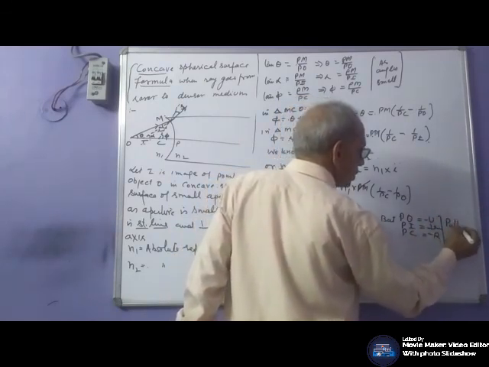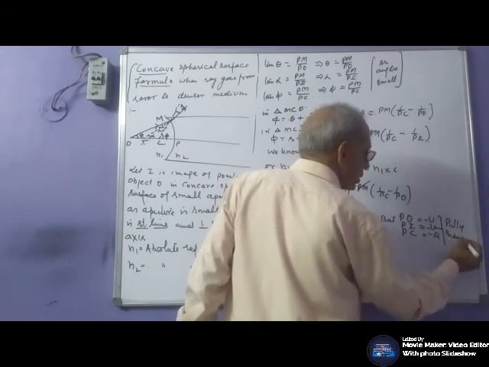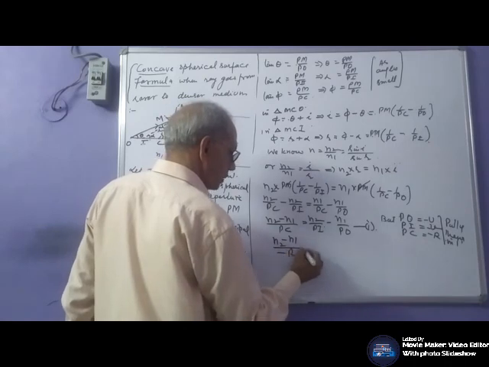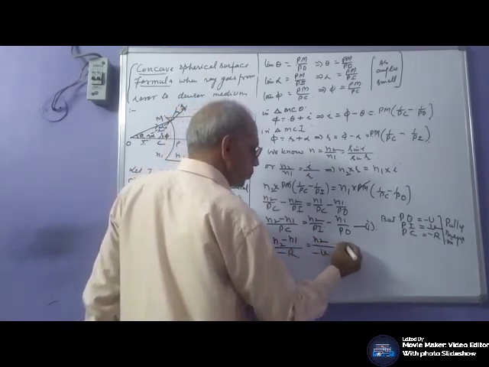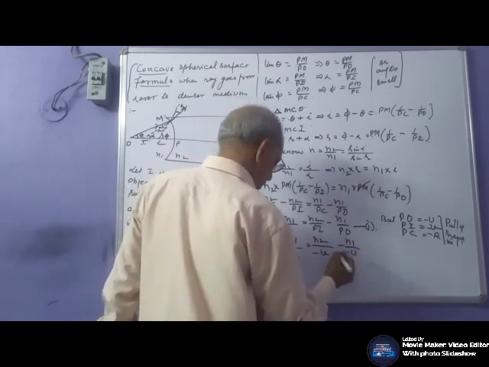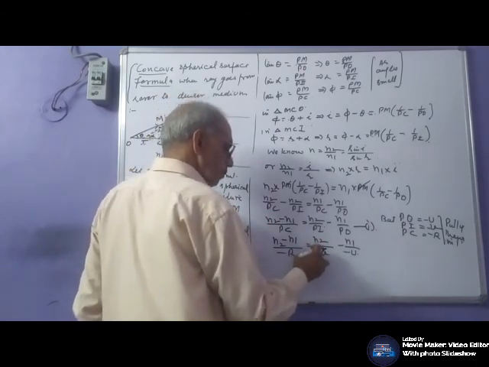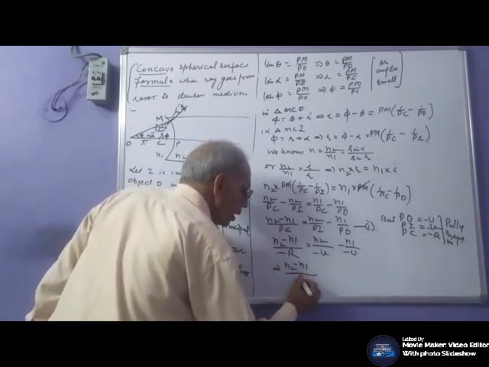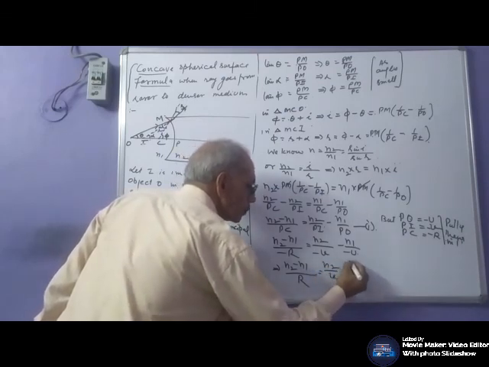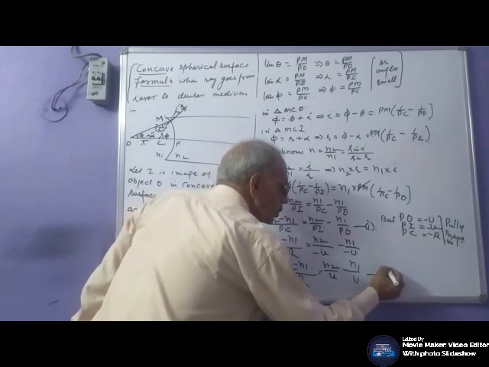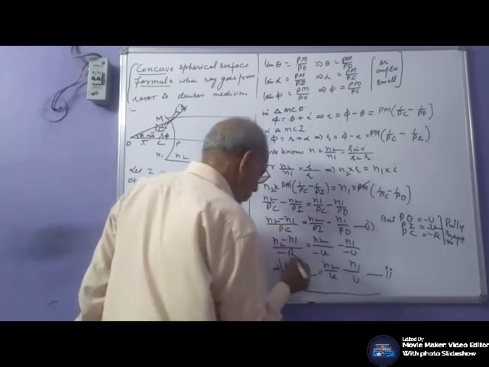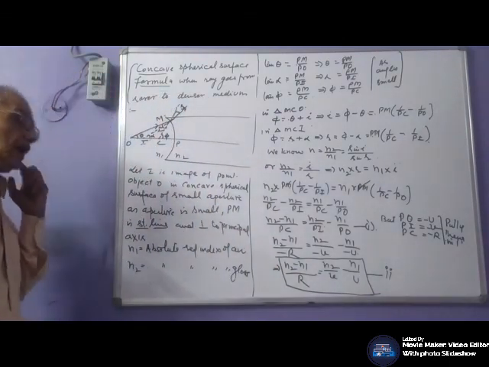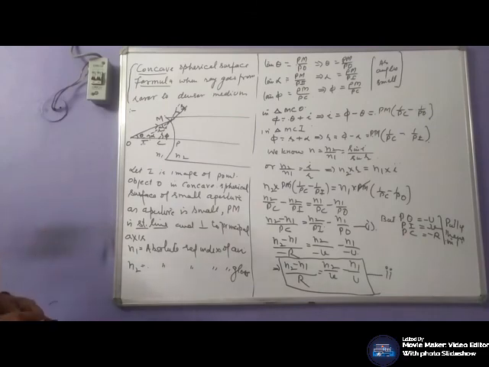Putting them in first, n2 minus n1 by minus R, n2 by minus V, n1 by minus U. Minus common from here cancels with this minus, or it is n2 minus n1 by R equals n2 by V minus n1 by U. So formula is same whether surface is convex, concave, and ray goes from rarer to denser medium.